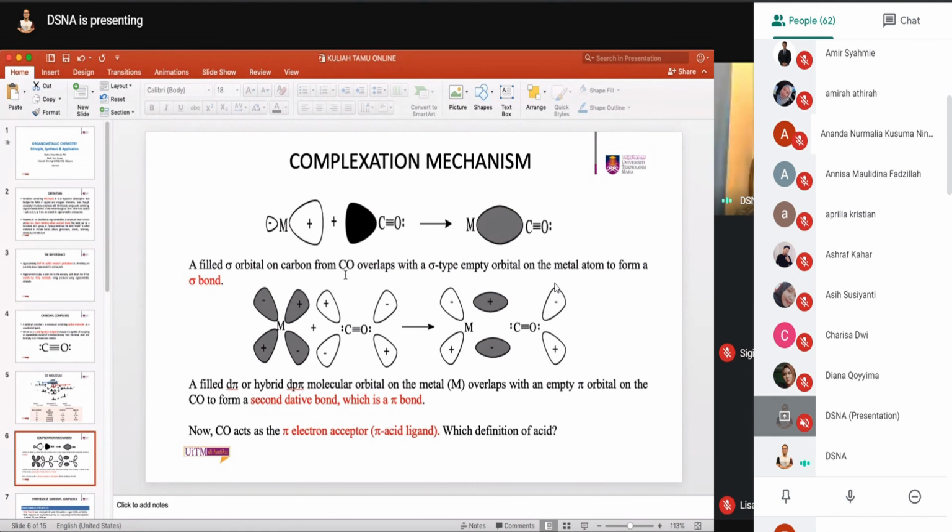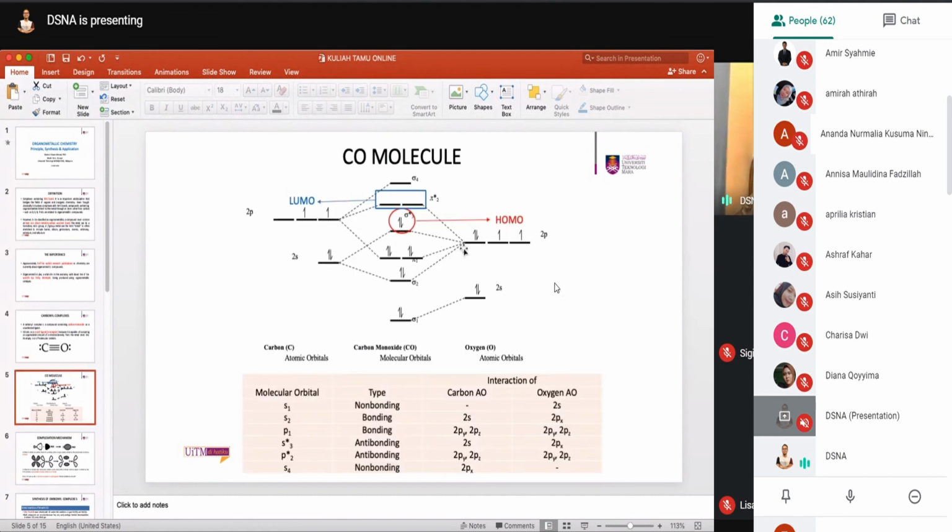The molecular orbital that we have constructed here belongs to carbon and also oxygen. It is a mixture of both. Technically, when it is atomic orbital, yes, we can say this is from oxygen and this is from carbon.